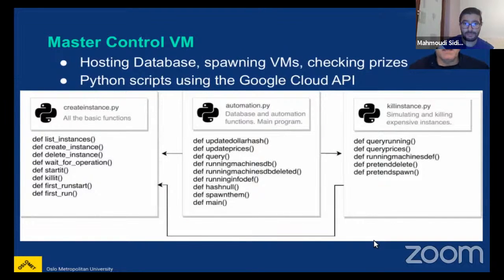Then we have a central master VM which controls everything and actually stops and starts the Docker containers all over the world. So there are several automation scripts, and scripts for killing instances and creating instances.